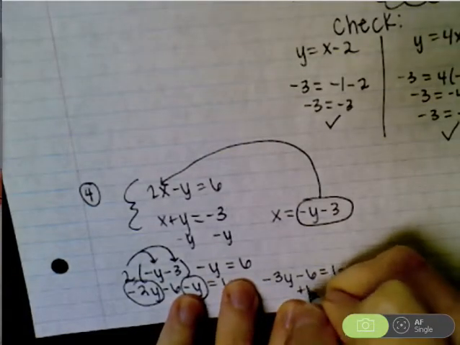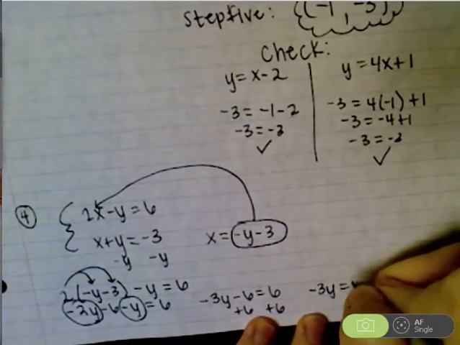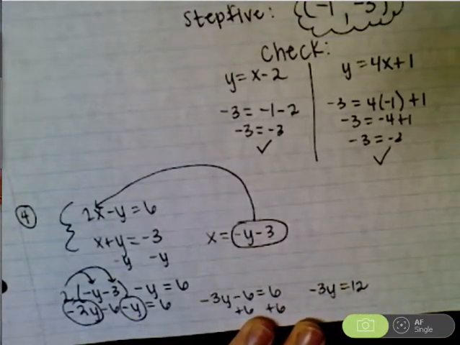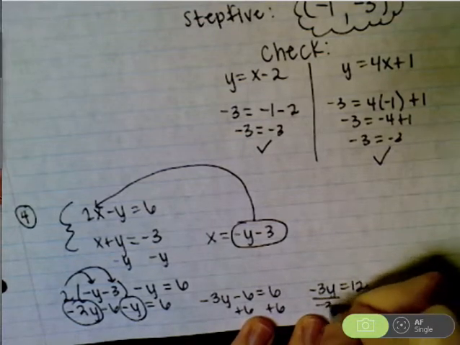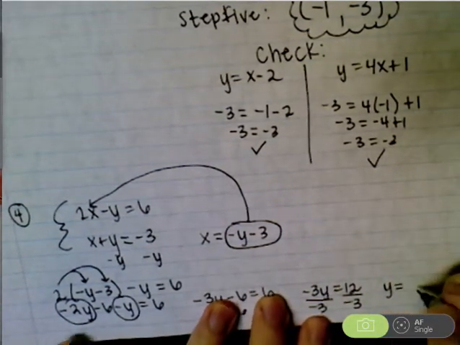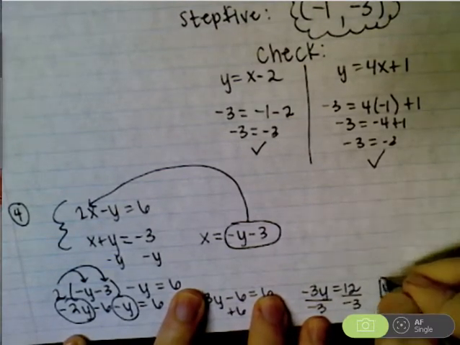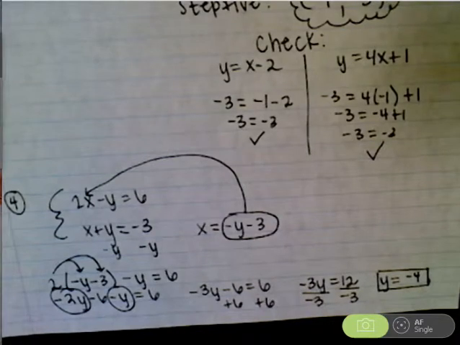Add 6 to both sides. And divide by -3. So y is equal to what? -4. Now that I know y is equal to -4, what do I do next?